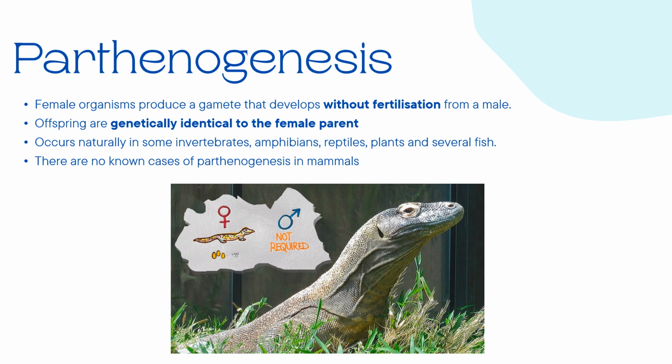That offspring is genetically identical to the female parent, so it has that female parent's 2 sets of chromosomes. This occurs naturally in invertebrates, amphibians, reptiles, plants, and several fish. However, there are no known cases of parthenogenesis in mammals, which I think is pretty interesting.